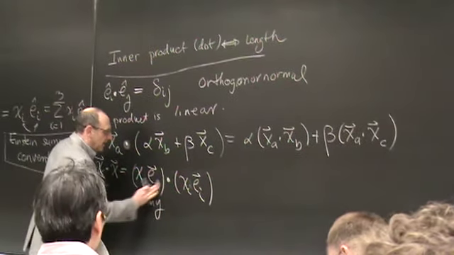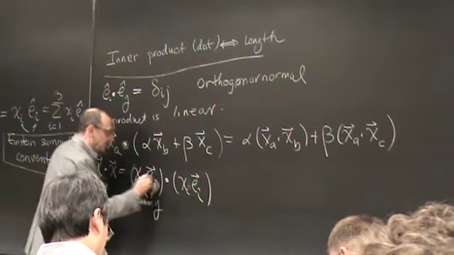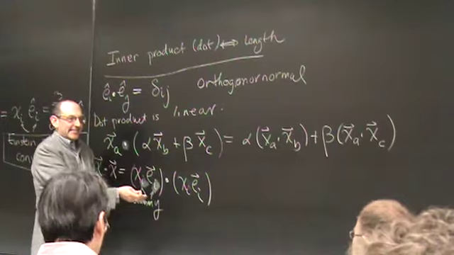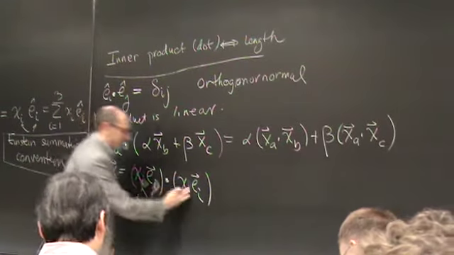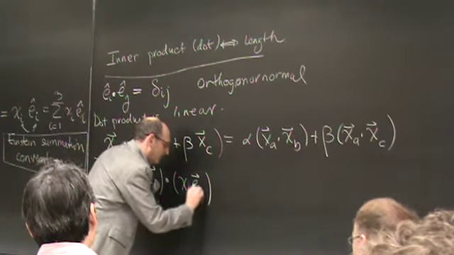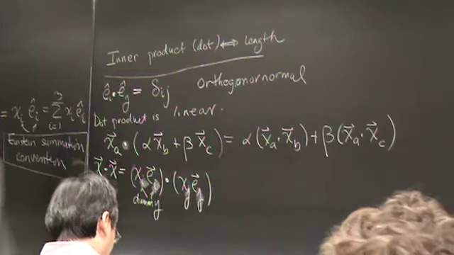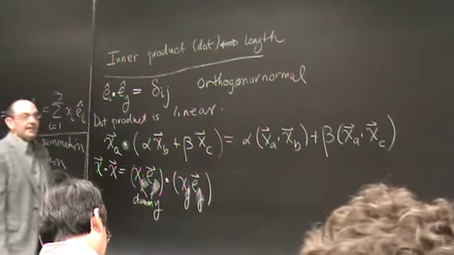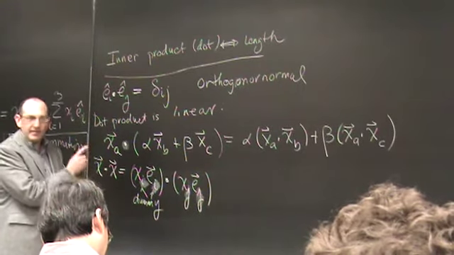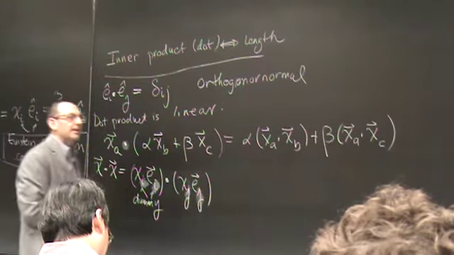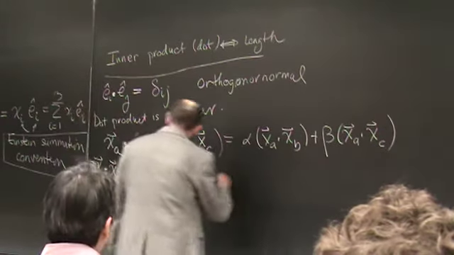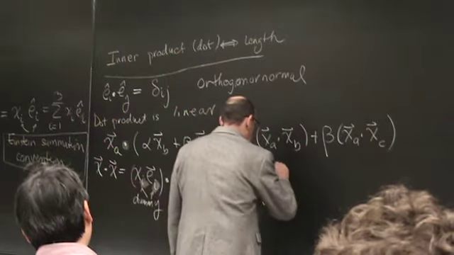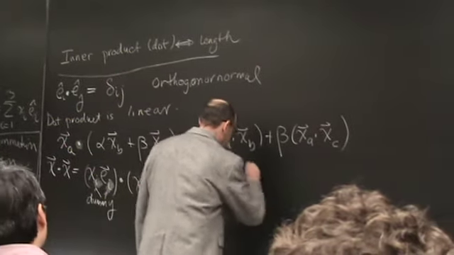So once you use a dummy index, it's gone. Don't use it again in the same equation. So I'll call this one j, or frowny face. Very important technique for dealing with this kind of thing. So this then becomes x^i x^j e_i dot e_j.